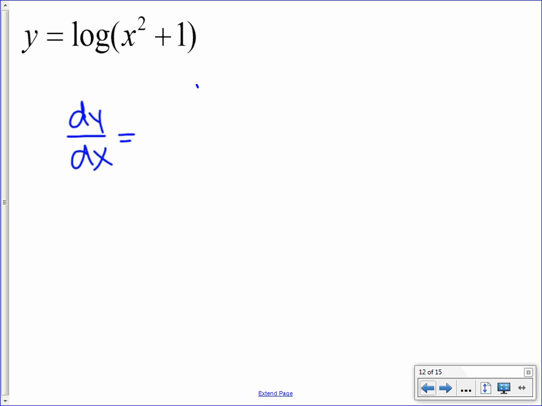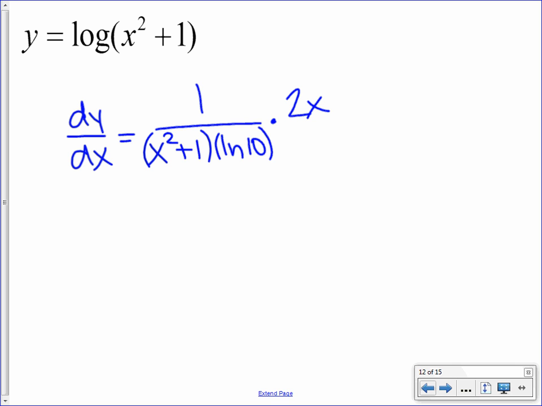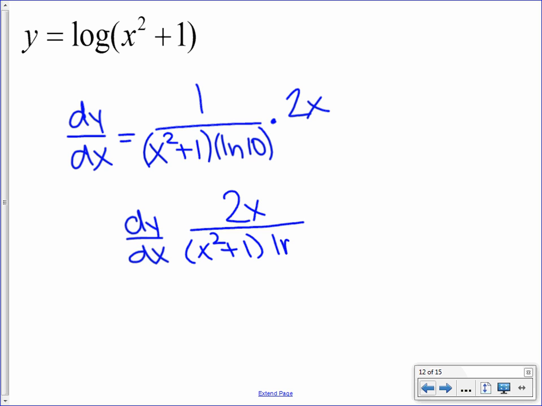So when we take the derivative, 1 over what's inside times natural log of 10 times the derivative of the inside. We have to do the chain rule. So I have 2x over x squared plus 1 times the natural log of 10. Can I simplify that 2 and 10? Absolutely not. That 10 is inside of the logarithm. It's inside of a function. It is not a coefficient of any kind.